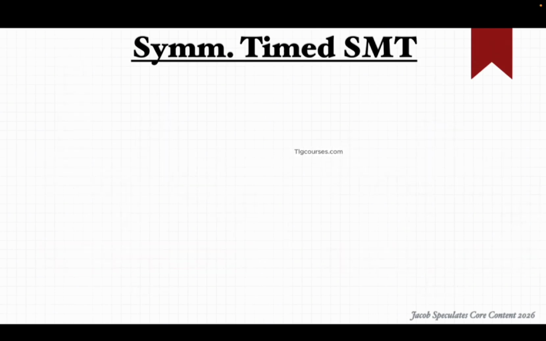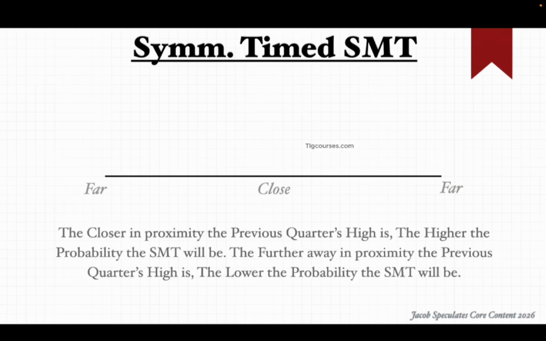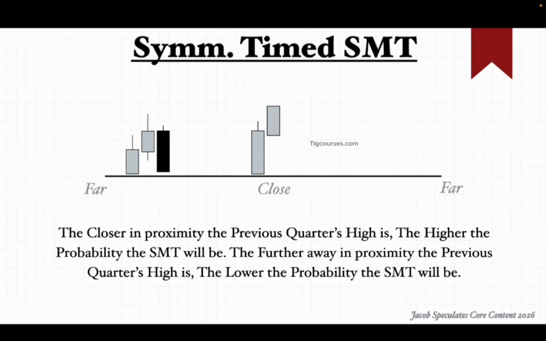Now that leads us into the next slide. In terms of symmetrical and unsymmetrical timed highs and lows, the closer in proximity the previous quarter's high is, the higher the probability the SMT will be. The further away in proximity the previous quarter's high is, the lower the probability the SMT will be.